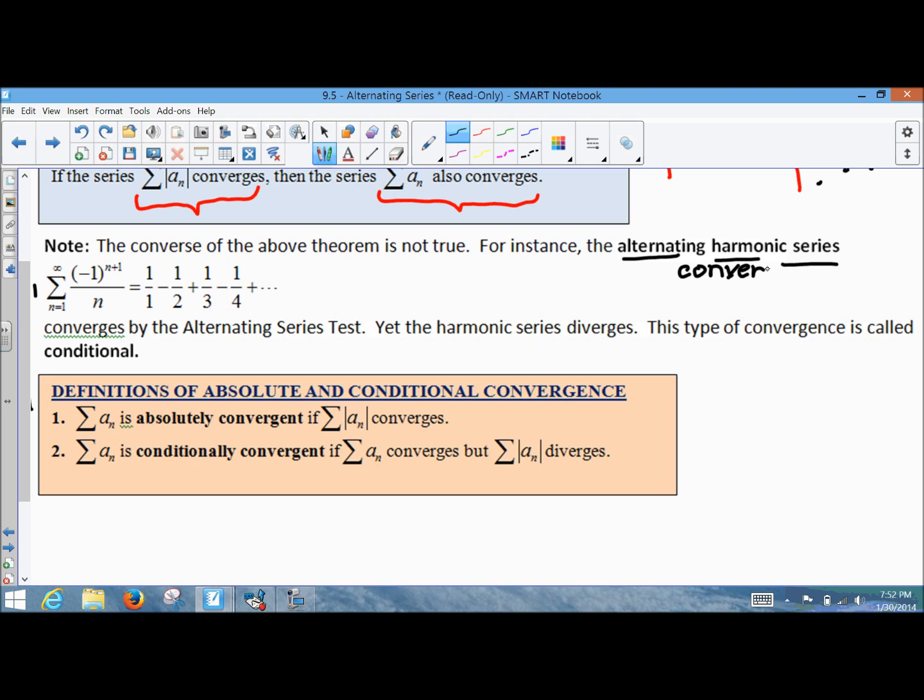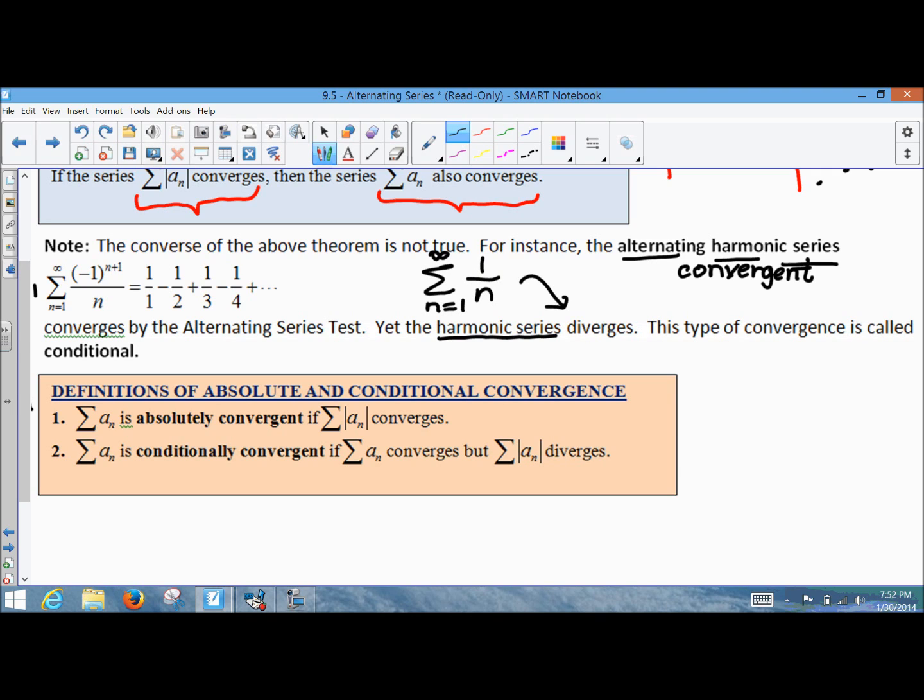If you apply the alternating series test, in no time at all you will have found out that this is convergent. But alas, we remember that the harmonic series, the series as n goes from 1 to infinity of 1 over n, is divergent.